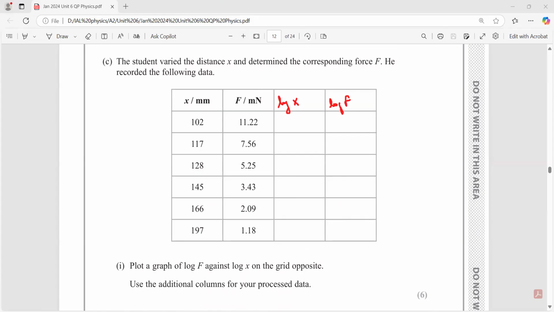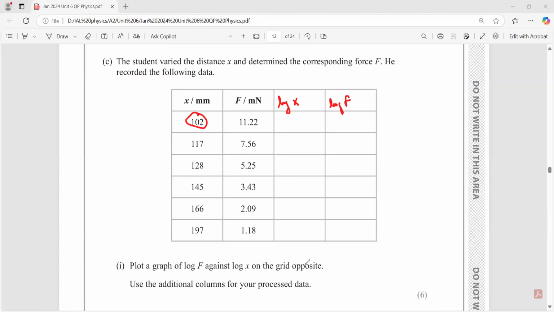Now, the important thing is, there are two ways to do such questions. One is, if you don't convert the unit, then the unit of the logs will also be the same. Let's say the unit of x is millimeter. If I use only 102, I will take log 102.